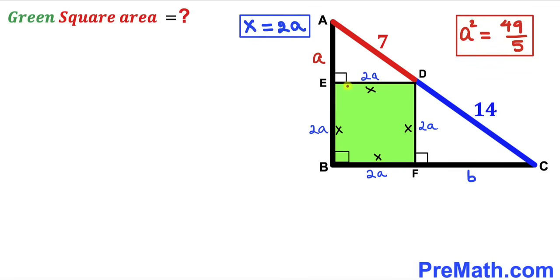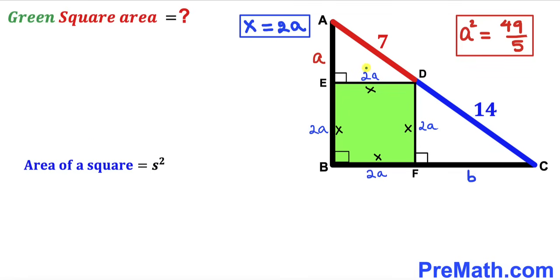Now we are going to calculate the area of this green shaded square EBFD. Let's recall the area of a square formula: area is equal to s square, where s is the side length of the square.